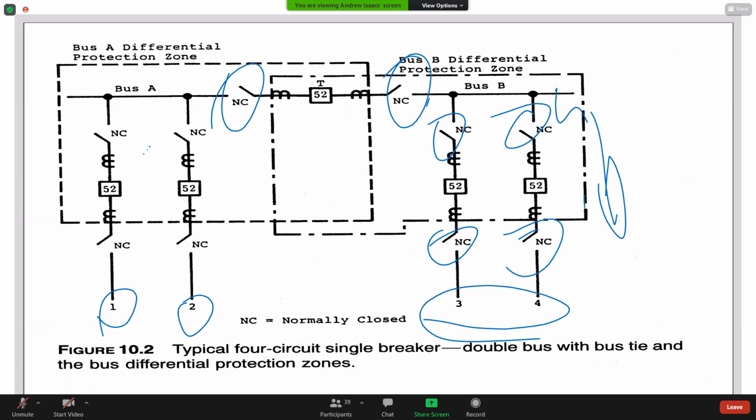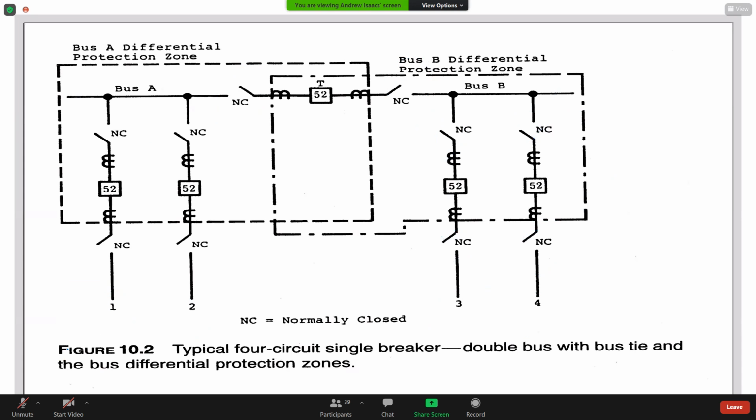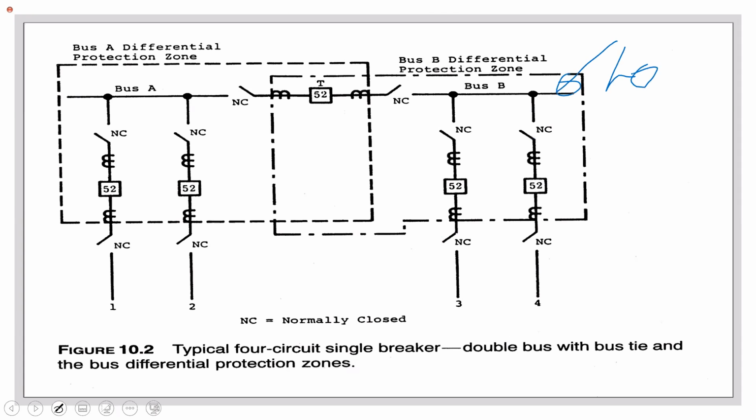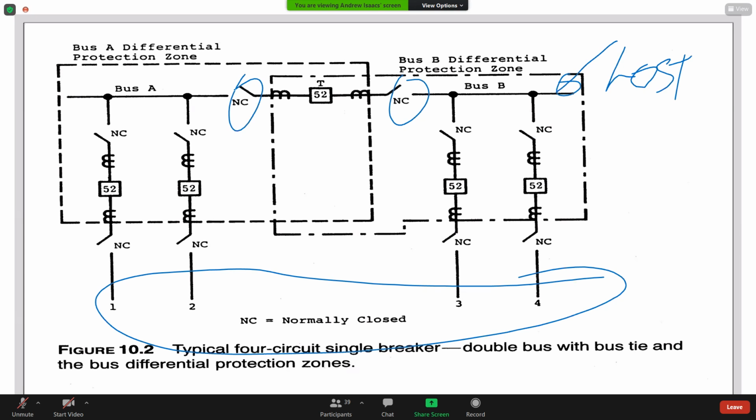Similarly, it provides greater reliability because if the supply for B is lost, I still will have all 4 circuits being served once the bus tie is closed. We understand the increased flexibility?